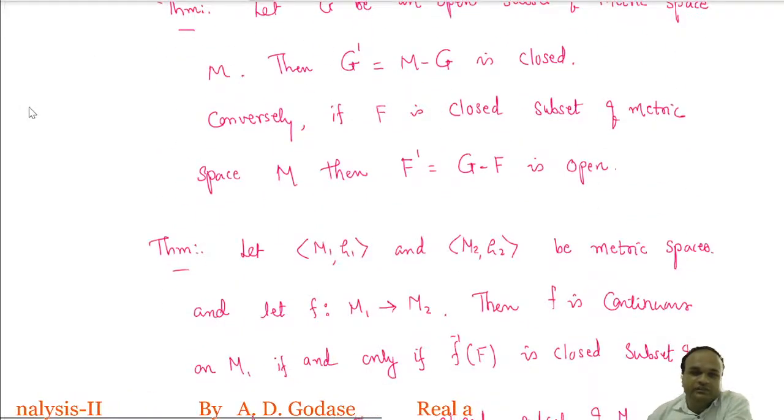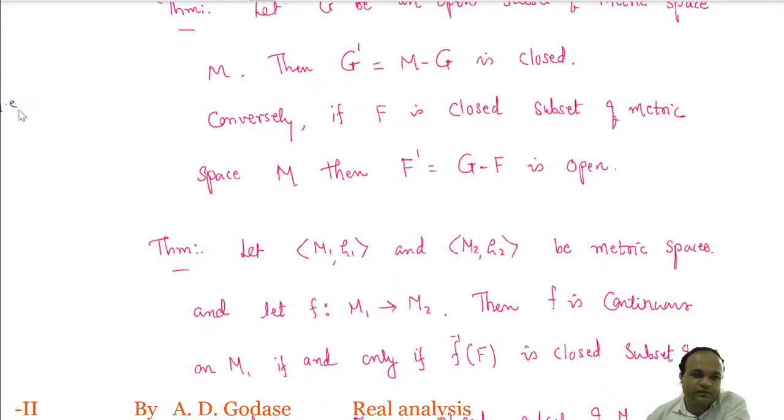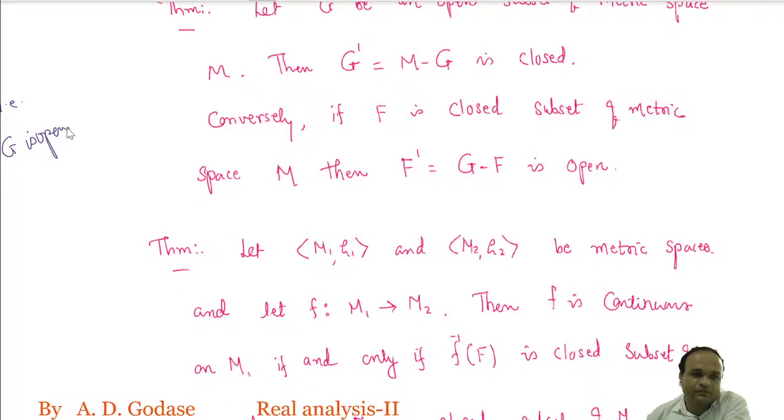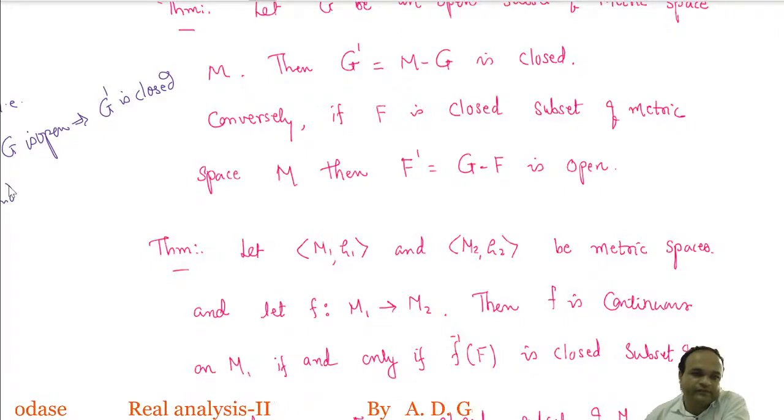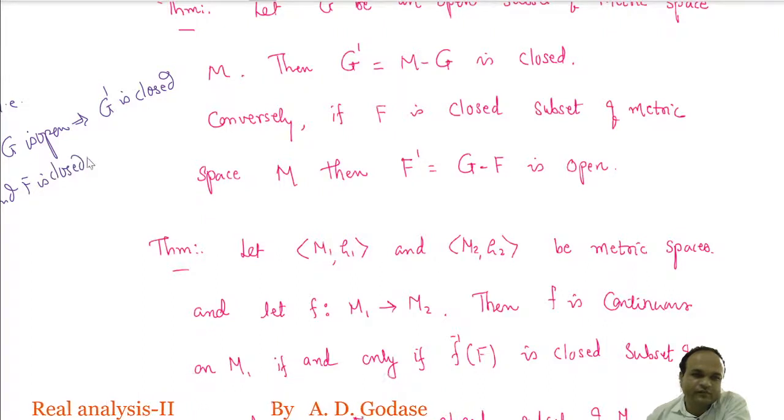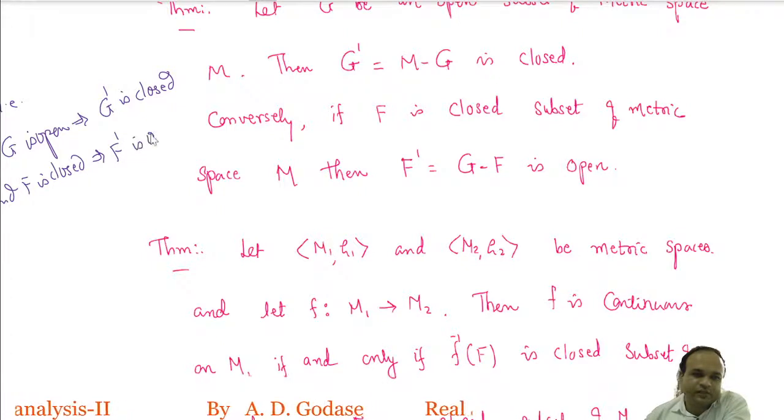So that is, you can write: suppose G is open, this implies that G dash is closed, and F is closed implies that F dash is open.